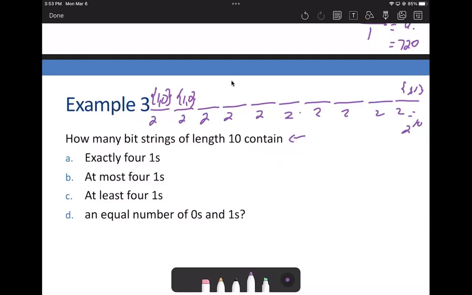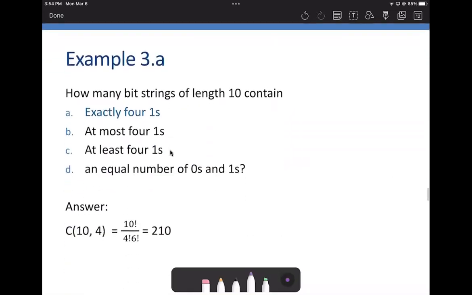Now, how many bit strings of length 10 contain exactly 4 ones? So, are we concerned with the order here? Not really. Yung concern lang natin is whether yung bit string na length 10 ay merong exactly 4 ones. Tama? So, yung gagamitin lang natin dito ay combination.